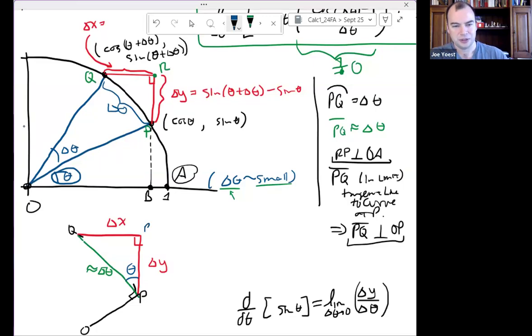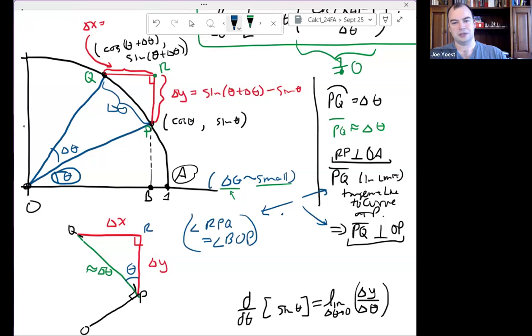This was corner R. So the angle RPQ is the same as the angle BOP. I think I have those in the right order as well. And this is in the limit, as delta theta goes to 0.